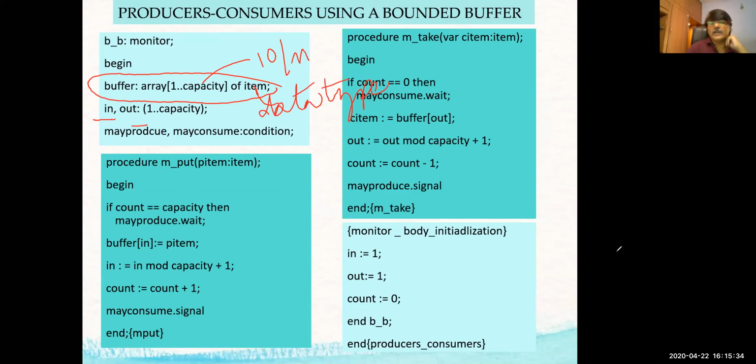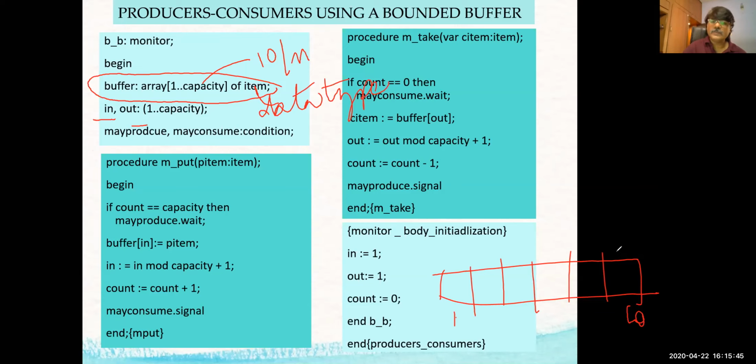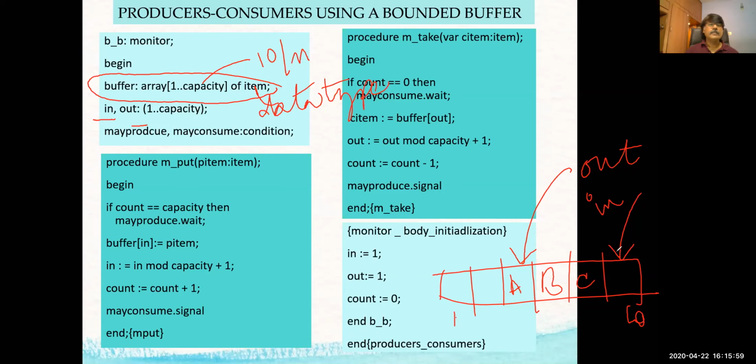As we have seen in our earlier sessions, if suppose we have 1 to 10 slots in the buffer, and suppose these are the filled locations of the buffer, then out will point to the next filled location of the buffer and in will point to the next free location of the buffer. This you have seen already in the previous examples.